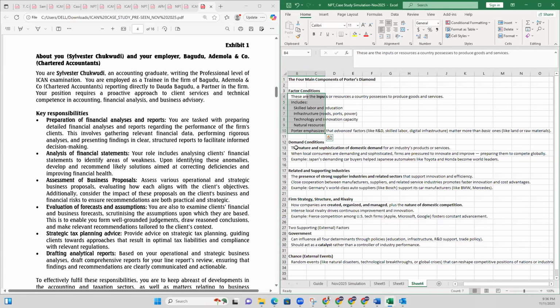Demand conditions now: the nature and sophistication of domestic demand for an industry's product or service. When local consumers are demanding and sophisticated, firms are pressured to innovate and improve, preparing them to compete globally. An example is Japan's demanding car buyers helping Japanese automakers like Toyota and Honda.